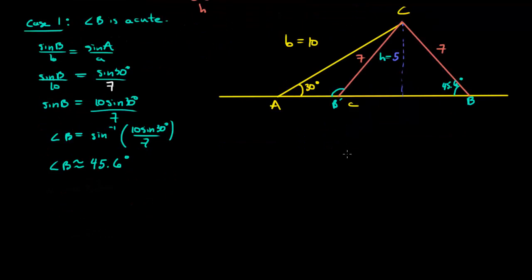Now, I assume that since you've already gone through the previous videos, you'll be able to solve this triangle for angle C and for side C as well. Solve the rest of triangle ABC as an exercise.